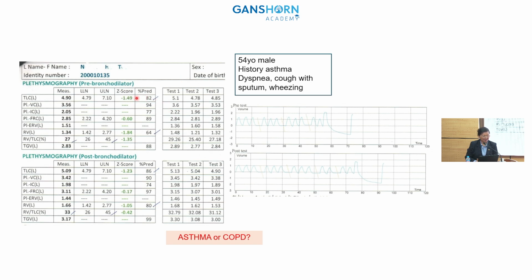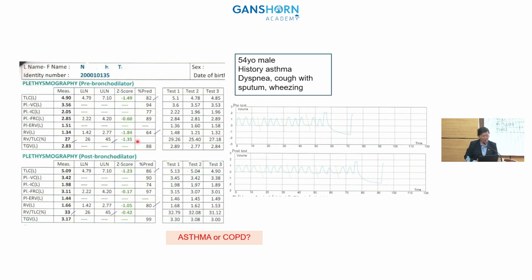How do you interpret that? TLC. The green is a normal one. If you do not remember, the value is 1.65, so it is normal. So there is no restriction, normal lung volume.